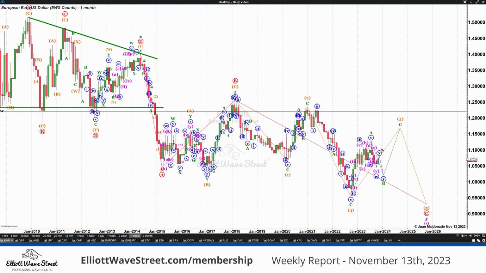So in the lower time frames, traders, we are inside the wave X blue. That's what we are working on in the lower time frames. Pretty interesting, right? Having access to this higher time frame analysis.